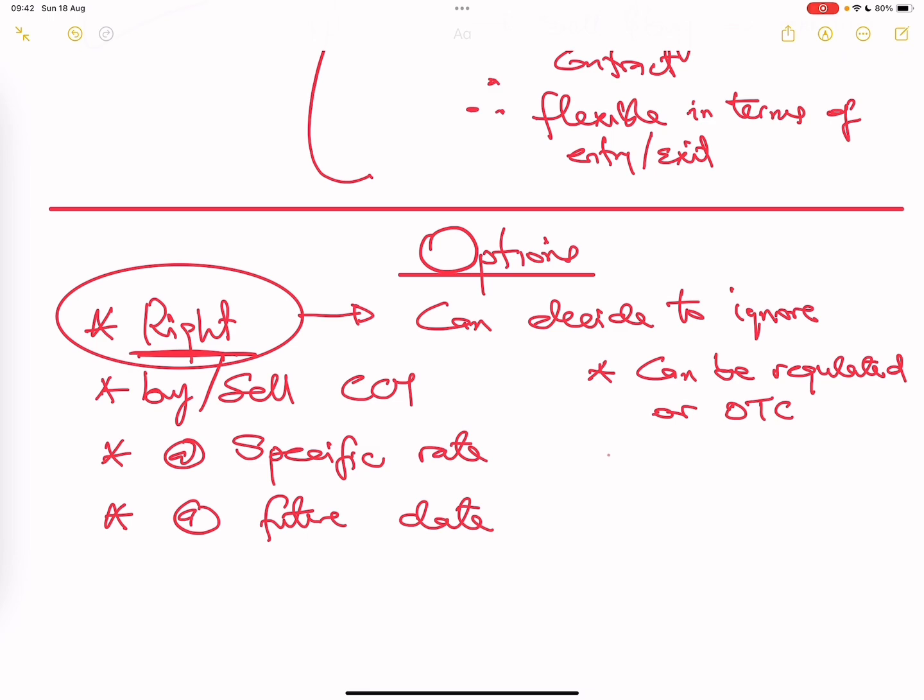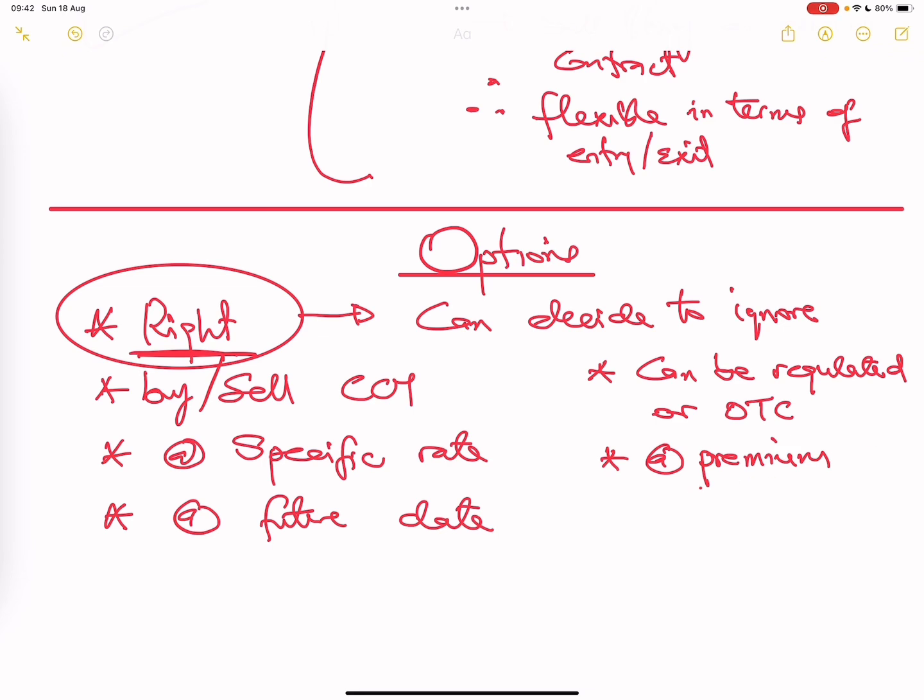Yeah, and I'm sure you know that because you are able to walk away easily if the market doesn't go in your favor, that gives you a bit of flexibility. That flexibility is not free. So usually you get an option at a premium. So you pay something, just like insurance.